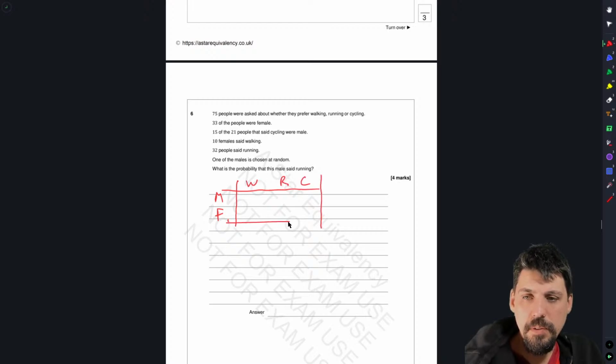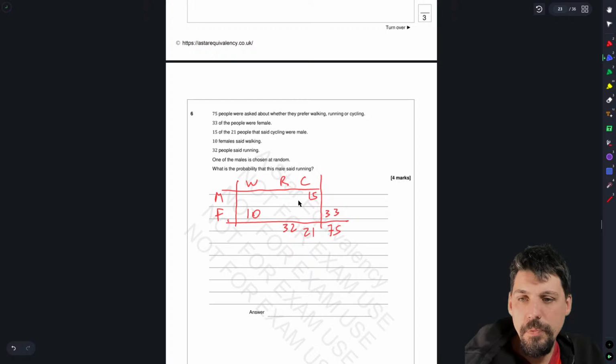And let's see what they've given me. 33 of the people were female. There were 75 people. 21 people that said they liked cycling were male. 10 females said walking. 32 people said running. It's Sudoku time. The world's rubbishest Sudoku.